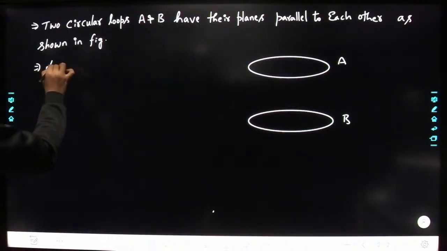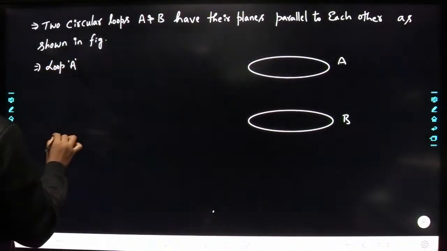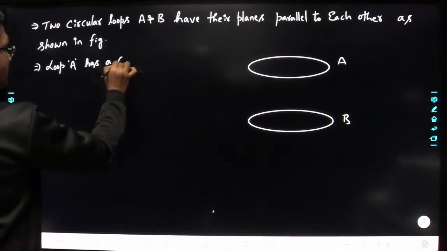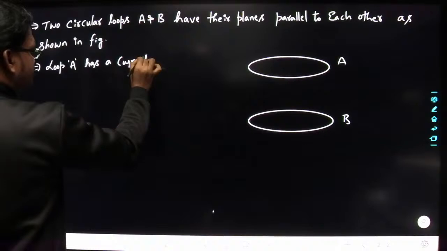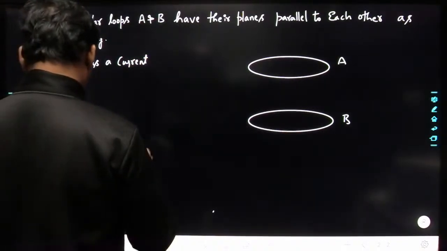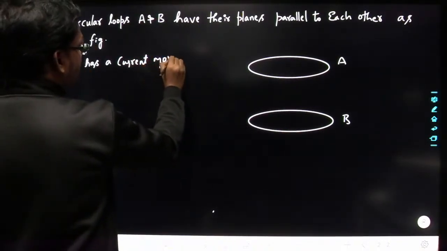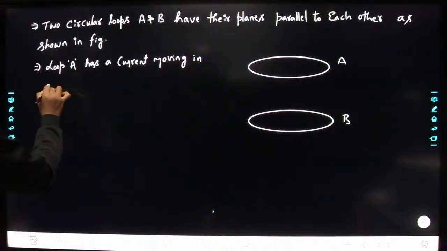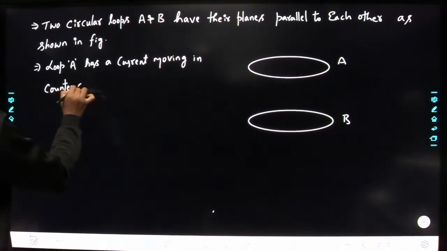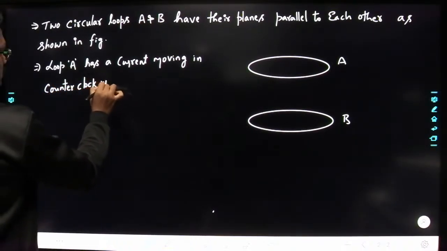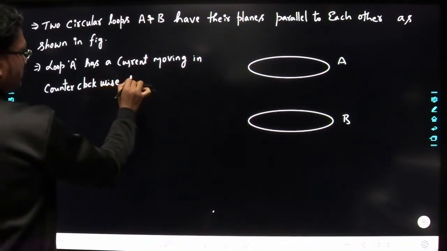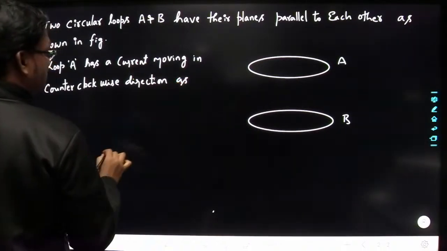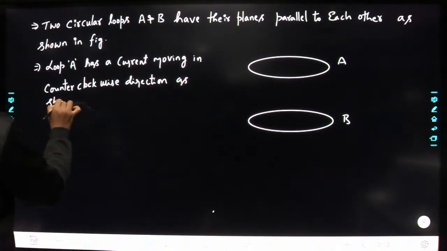So loop A has a current moving in counterclockwise direction, as shown in figure.